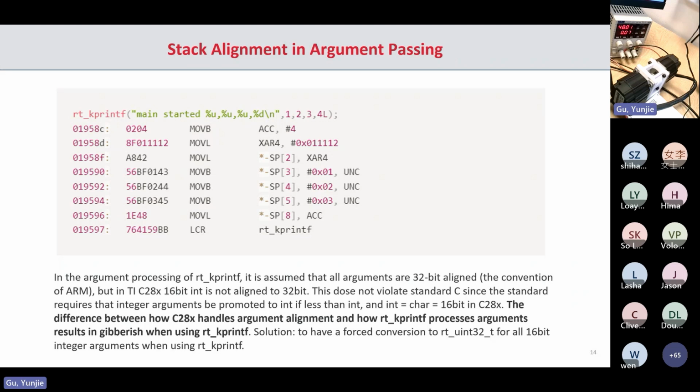But for C28, it's not aligned like that, so the argument handler does not know where to find these arguments accurately. To solve this problem, you can use a forced conversion to 32-bit for all 16-bit integers. Say we have a forced conversion for the 1, 2, 3 here, and then they will be forcibly aligned to 32-bit. This is easy.